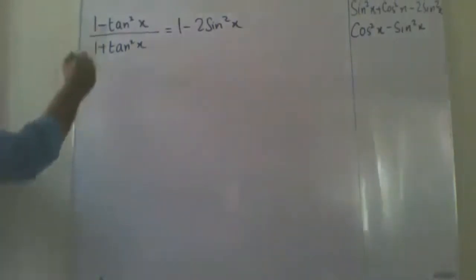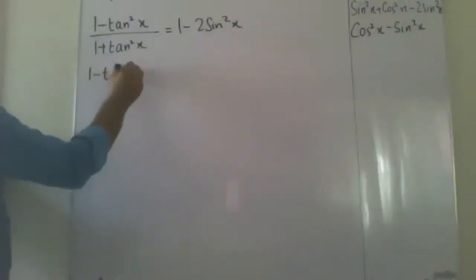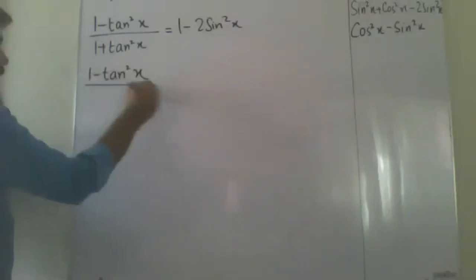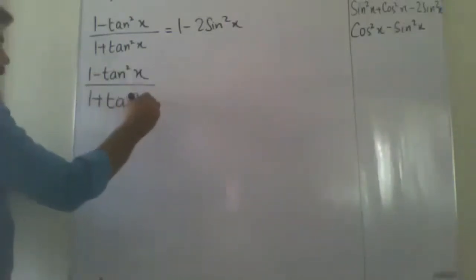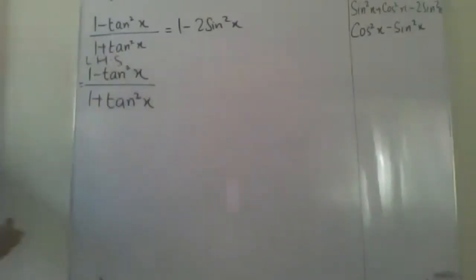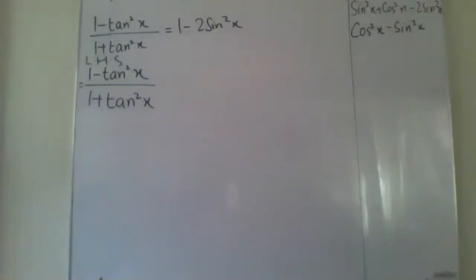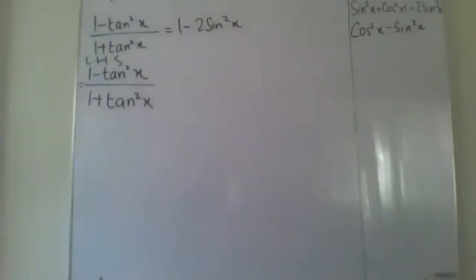and the left hand side is 1 minus tan square x over 1 plus tan square x. From the left hand side I have started. Now, if I change it into sec, the problem will be like that.